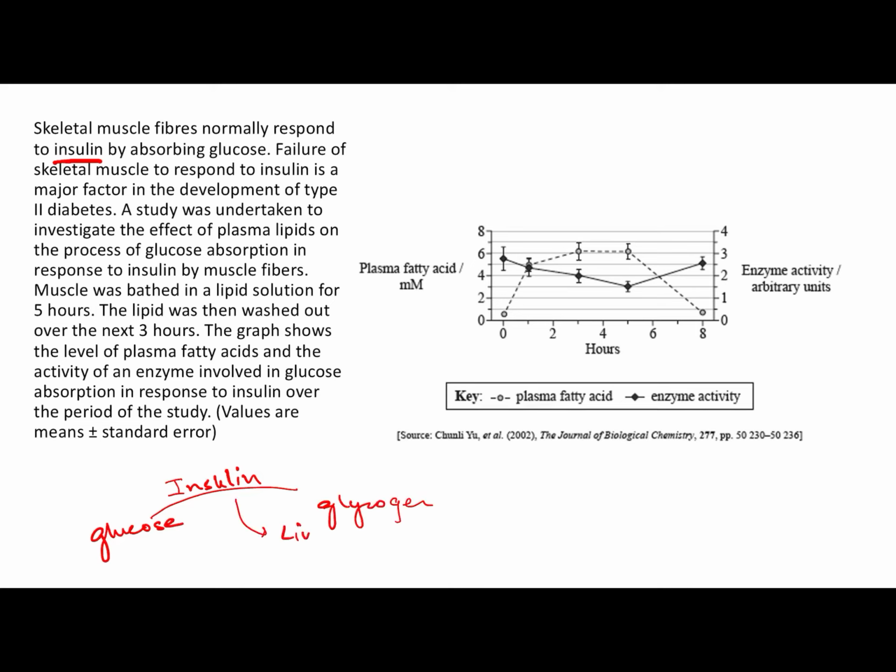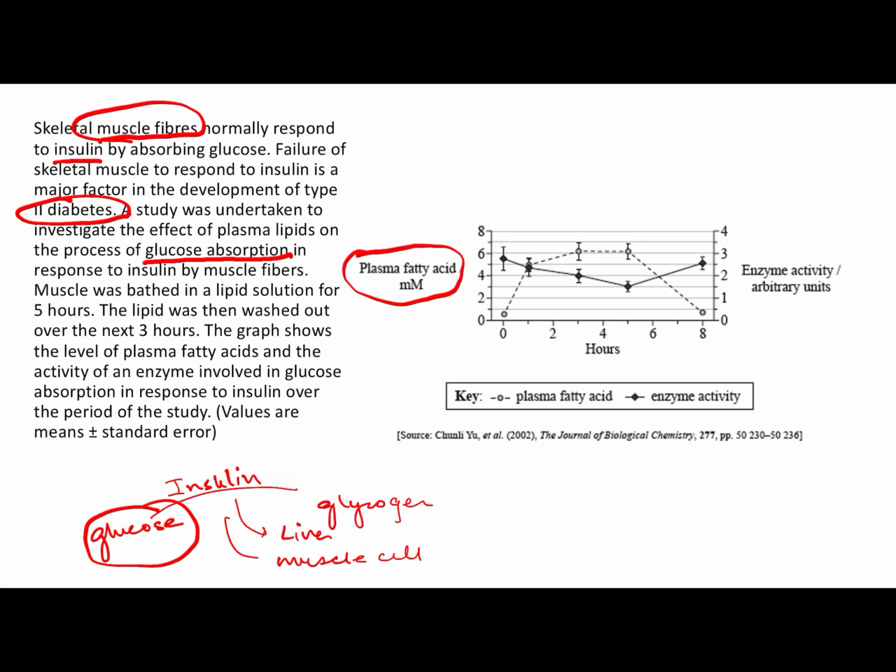It is stored in the liver or muscle cells. Here it gives the information that muscle normally responds to insulin by absorbing glucose. So in type 2 diabetes, the study looks at glucose absorption when the cells which are not responding are placed in plasma fatty acids.